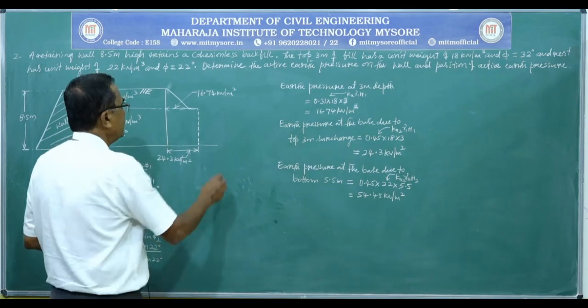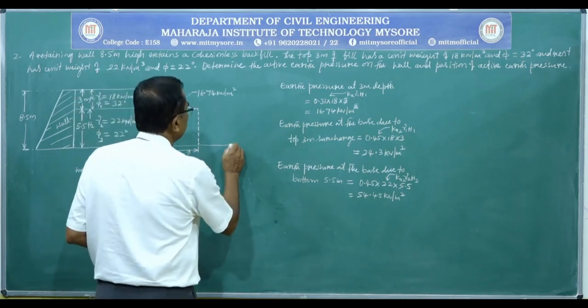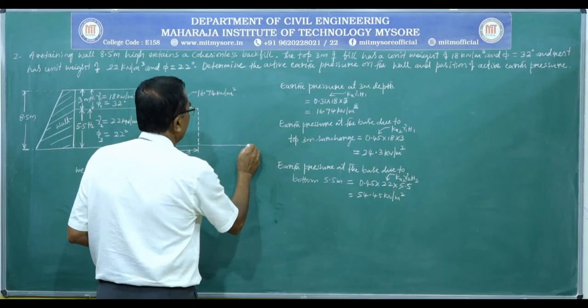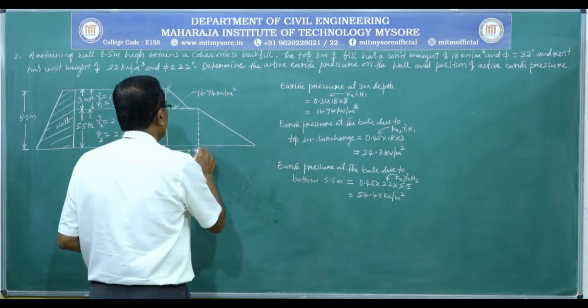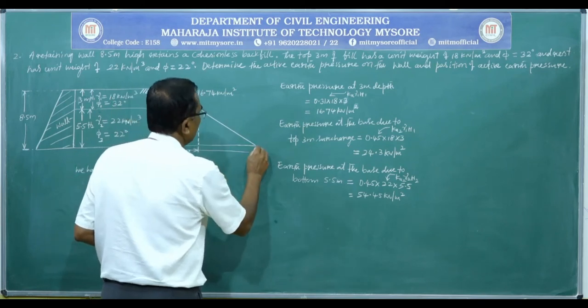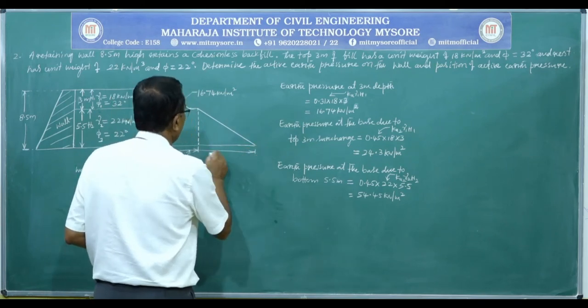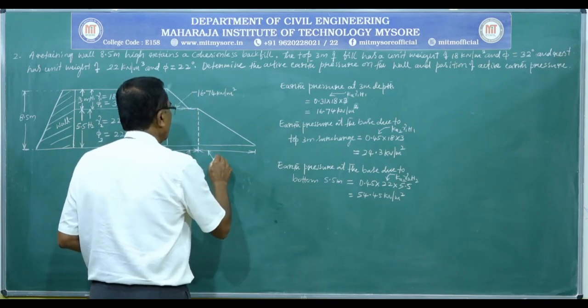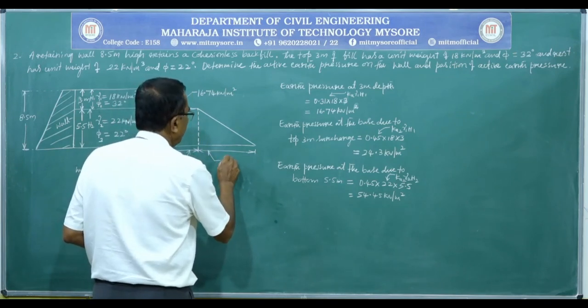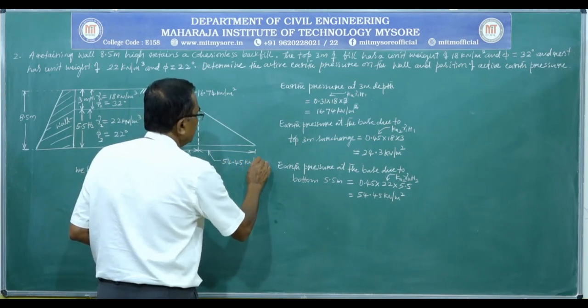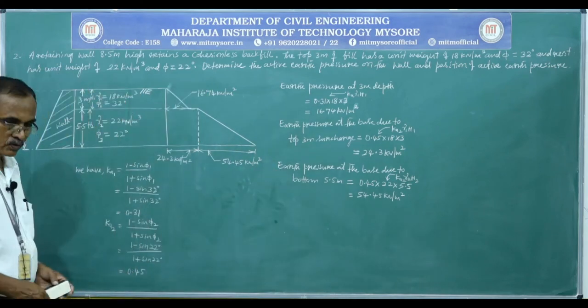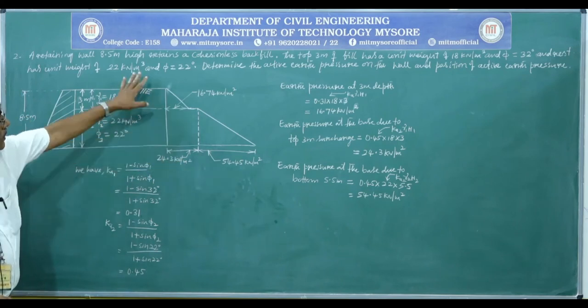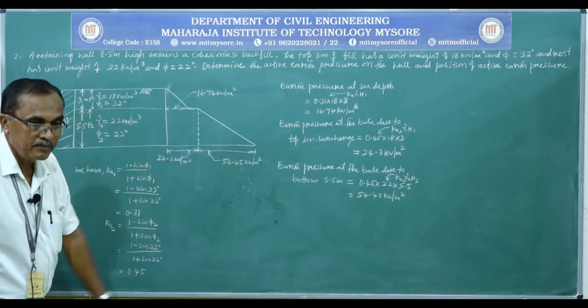So, this can be marked here at the base. If you mark it proportionately, 54.45 kilonewton per meter square. So, this is the calculation of earth pressure at the base.